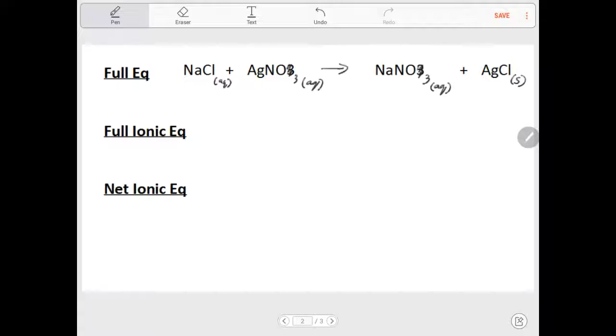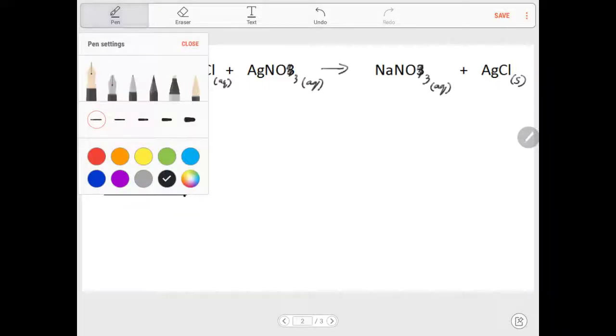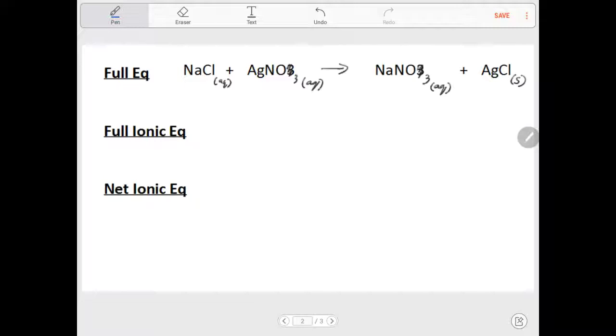Okay, so the full ionic. First, go ahead and write these all as separate ions. You might want to pause the video and try it on your own now, then I'll do it. Okay, anything that's aqueous, these guys, sodium and chlorine and silver and nitrate, and they're all aqueous.